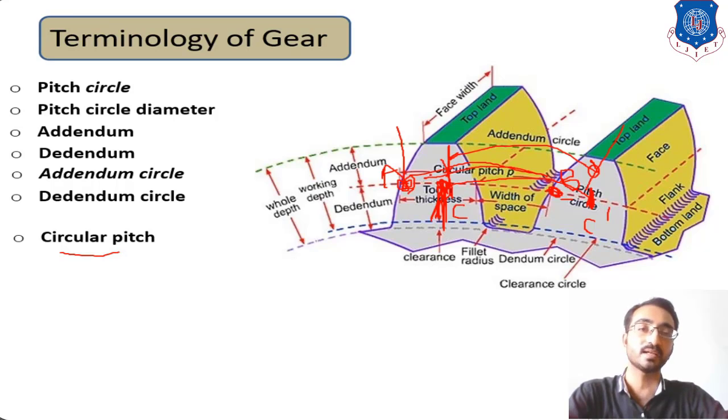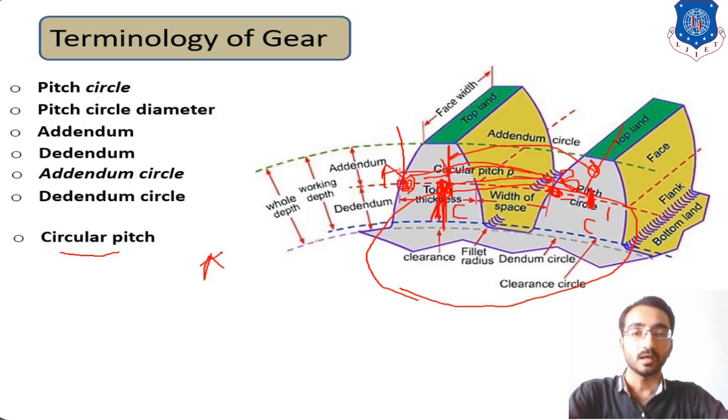Okay, so how can we calculate this circumferential distance, or this circular pitch? To calculate it, we first have to calculate the whole circumference, that is pi d, where d is the pitch circle diameter. So this pi into d defines the circumferential distance. If you divide this circumferential distance by the number of teeth on this circumference, then you can obtain this distance.